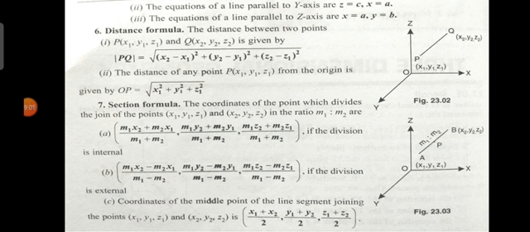In the figure, 2 points have been given, A and B, and the point divides them in the ratio m1 is to m2. Then what is the section formula? If the division is internal or external, 2 divisions have been given. Okay, this is the section formula.